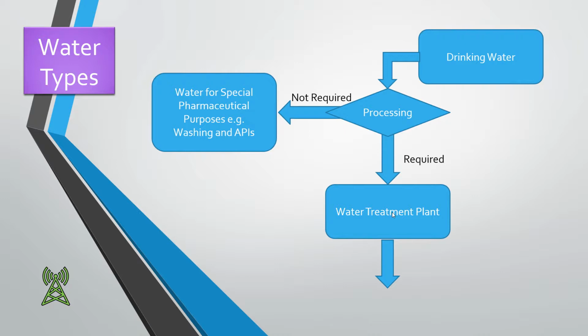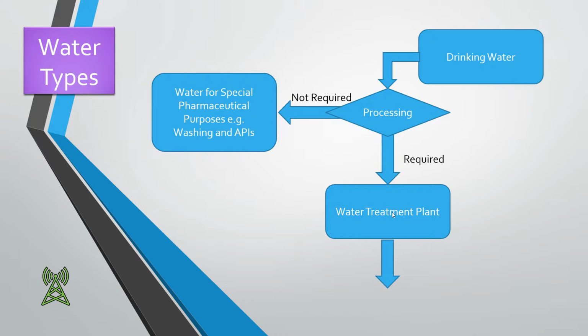Now one point is clear: the raw water, which is coming in the form of drinking water, or we can take the raw water also, this starting water, which does not comply with the parameters of purified water and highly purified water, definitely requires processing, and it will go to the water treatment plant.